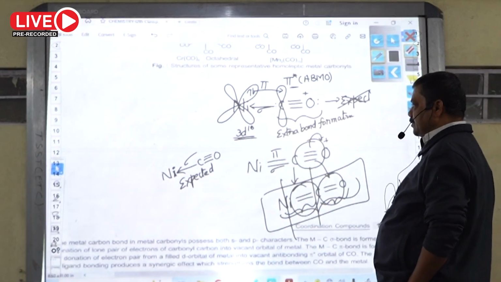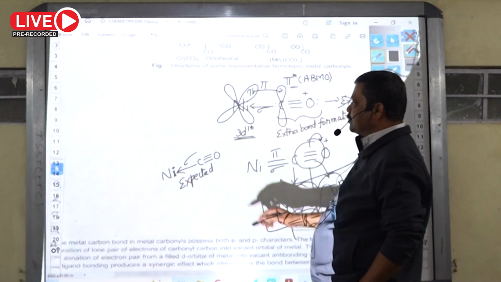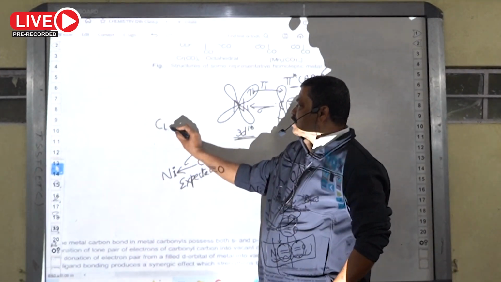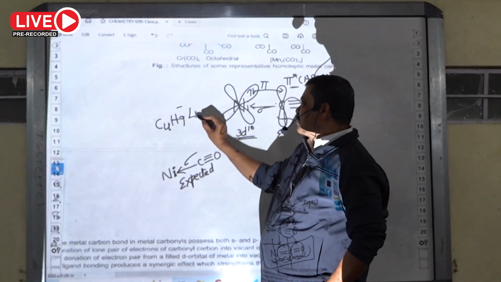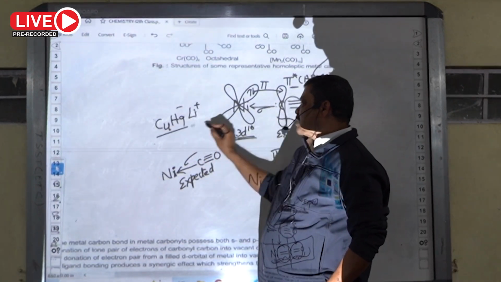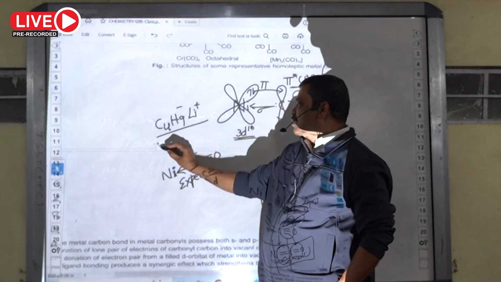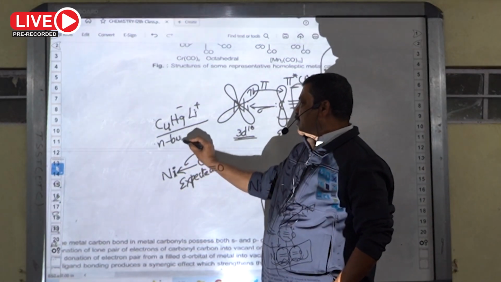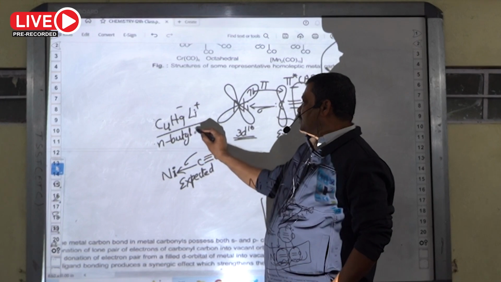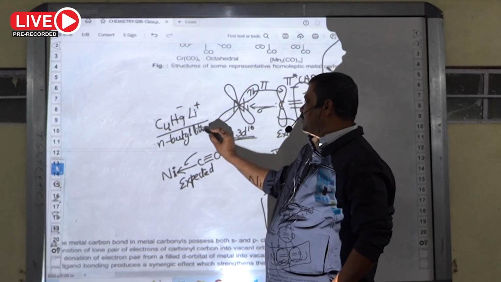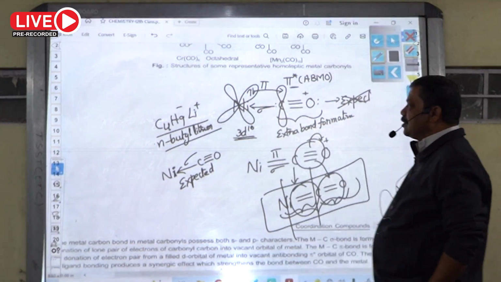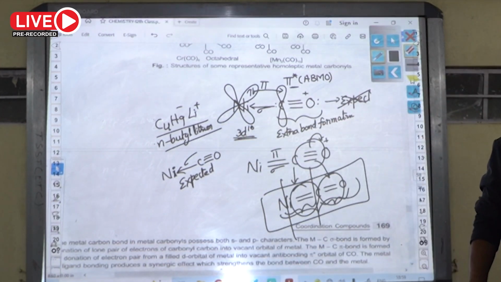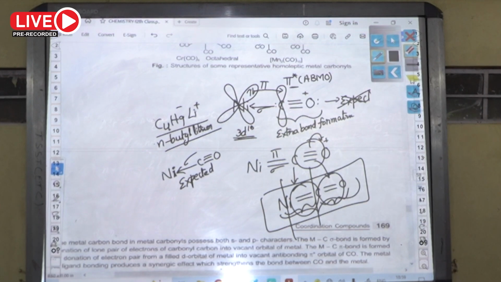Like N-butyl lithium, C4H9 minus Li plus. N-butyl lithium. What kind of organometallic it is?